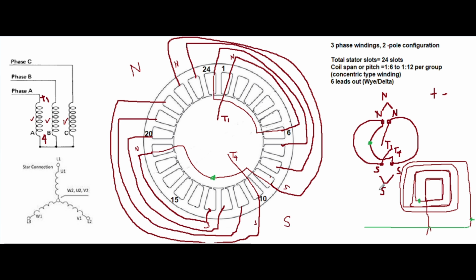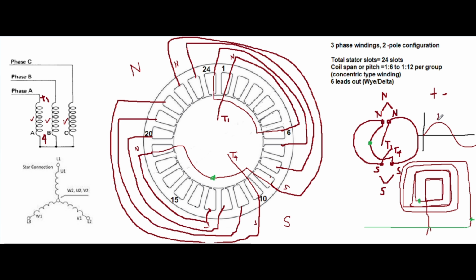Okay, remember when windings are energized, they have independent polarity. Let's say we are energizing the T1 and T4. It will make its own polarity. And next, the second phase, and next, the third phase.